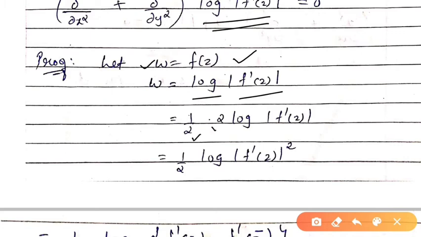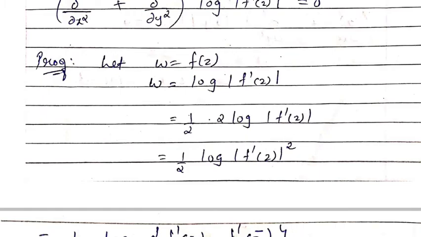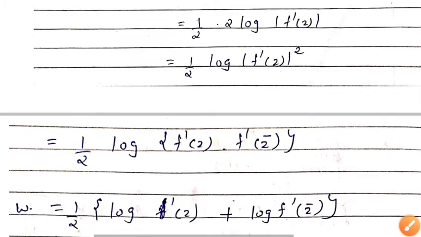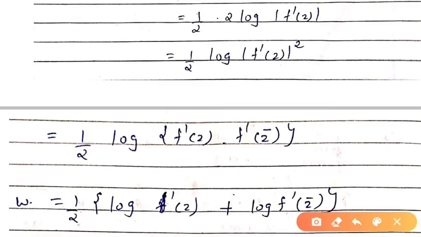So I am multiplying and dividing by 2. According to the general logarithmic rule, I can take this 2 as the power of mod f dash square. So I can write this 2 over here. Now see, this is again a basic formula for complex numbers. For mod f dash z whole square, you can write f dash z into f dash z bar.